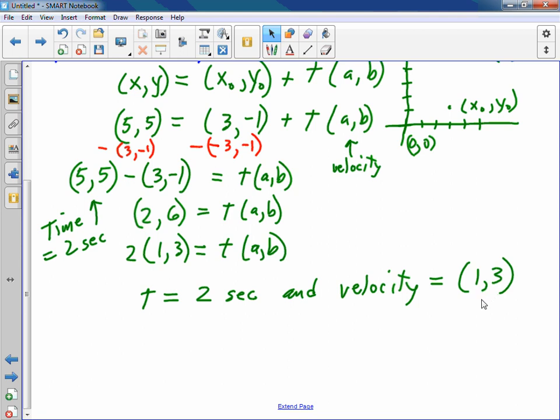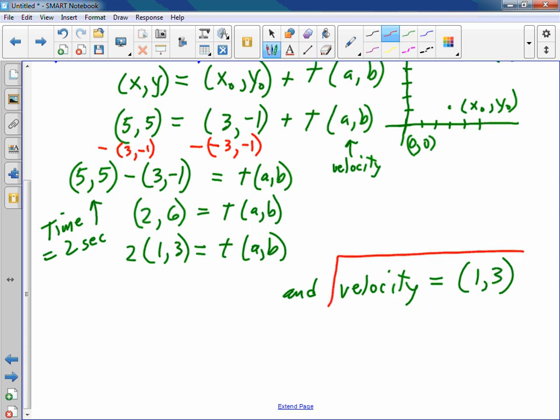And it works. This is (1, 3) for every second. In fact, maybe I should get that 2 out of there because that might confuse you, because that was for 1 second. For 2 seconds, it was at 2, 6. Okay, so we got velocity there. We're done with that. That was one of the things we were going to get.